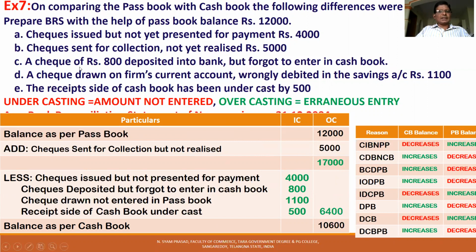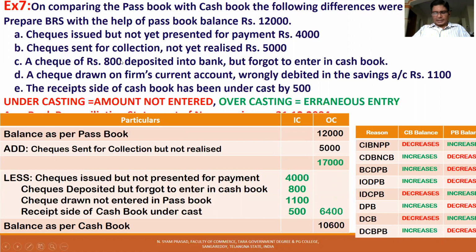A check of 800 deposited to the bank but forgotten to enter in the cash book. A check deposit means we debit the cash book. If debited, the cash book increases, but the 800 was not entered on the debit side of the cash book.